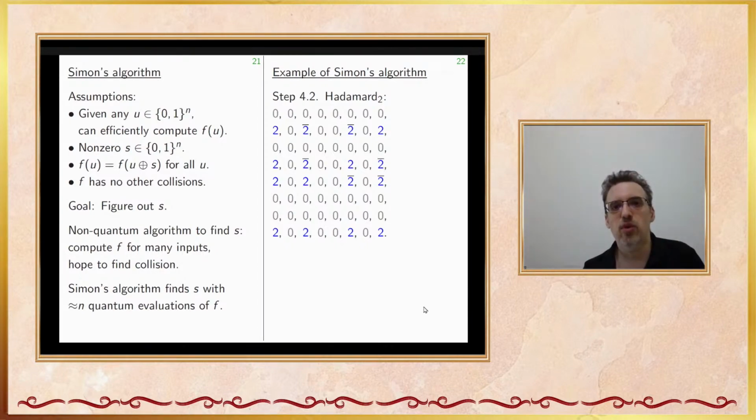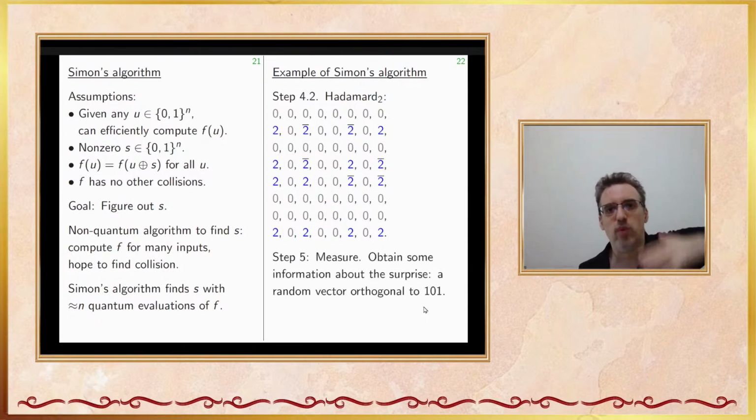What happens if we measure? This is the last step in Simon's algorithm. You get out one of these random values of f, and then what you get horizontally is only one of these 4 positions where you see a 2 or a minus 2. So you measure the 6 qubits, and the input qubits, the horizontal position, is going to tell you either 0 or 2 or 5 or 7, one of the positions horizontally of the 2.